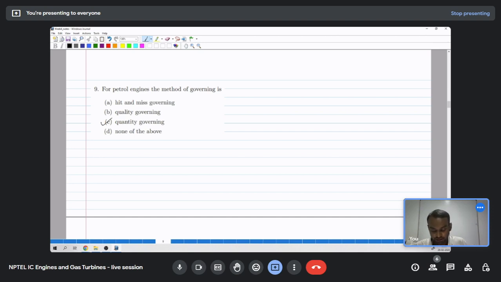Okay, the answer is quantity governing, because using a carburetor we meter the fuel based on the throttle opening and air velocity, air flow rate. So we meter the mass flow rate of the fuel directly using a carburetor. So this is quantity governing. And hit and miss governing comes for diesel engines, and not all diesel engines have this. Few governors work on this principle.